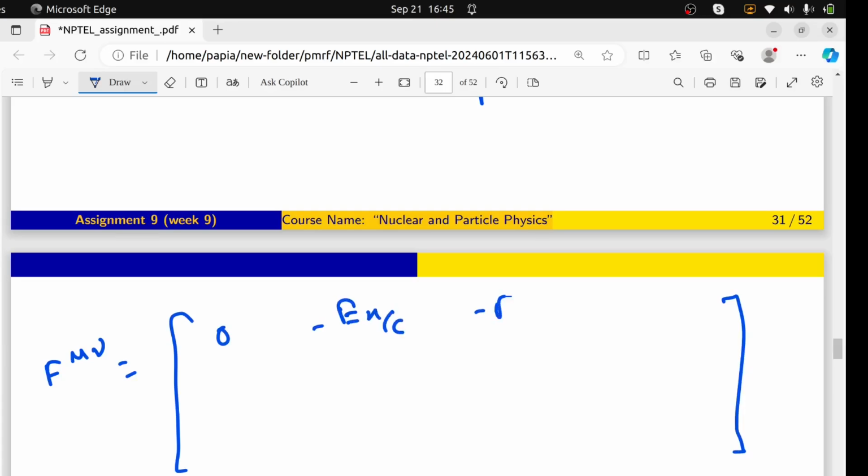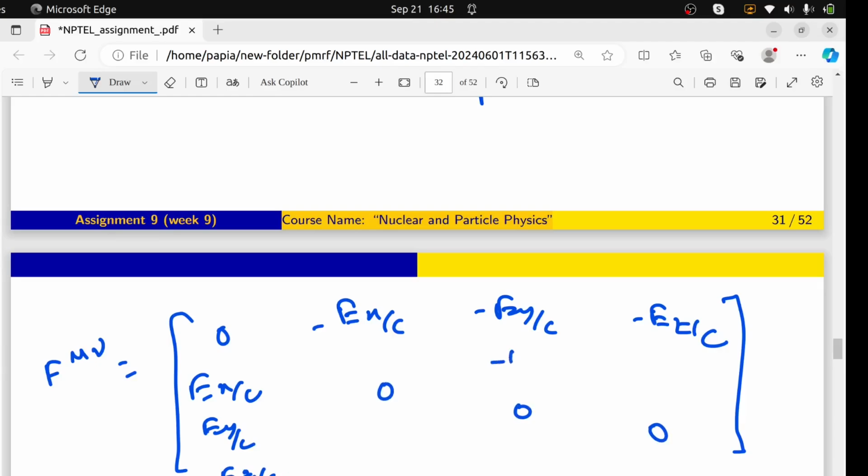The matrix has first row 0, minus Ex by c, minus Ey by c, minus Ez by c, then Ex by c, Ey by c, Ez by c in the first column, and then the magnetic terms: minus Bz, Bz, By, minus By, minus Bx, then Bx.